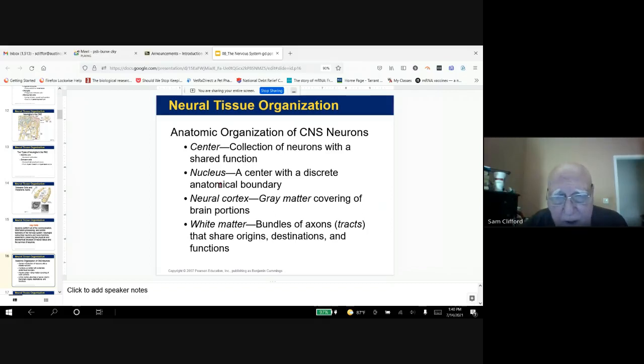We'll talk about particular ones coming up. The neural cortex is the gray matter. White matter is axons that are covered with myelin from the oligodendrocytes, and those nerve fibers are insulated in order to create faster conduction speeds in the nerves.